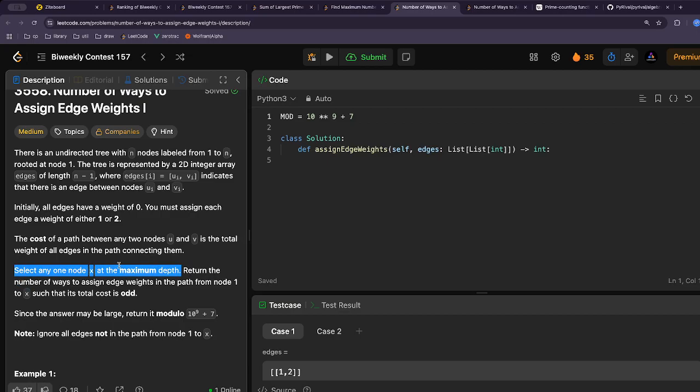So this is implying that it doesn't matter which one you choose, as long as it has maximum depth, it should have the same number of ways, right? So if you think about the property that you're asked to calculate, then it makes sense that you can see that it's true, but a priori it's kind of weird the way it's phrased.